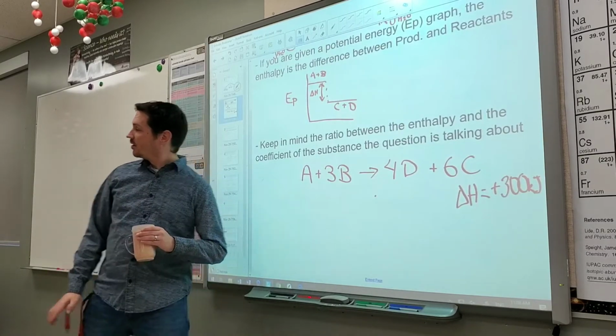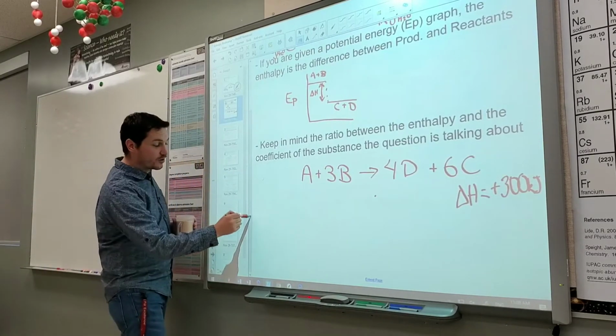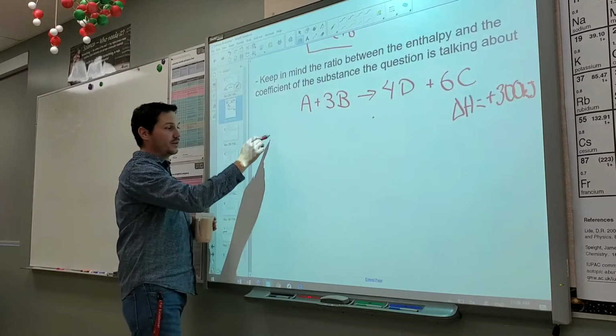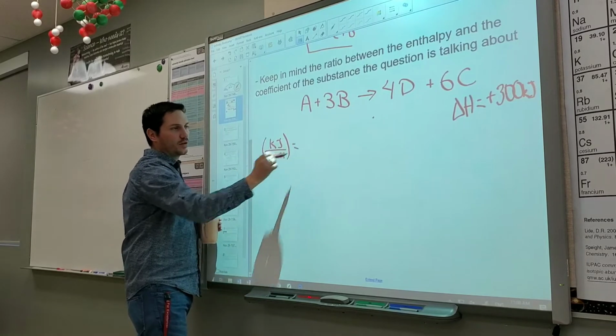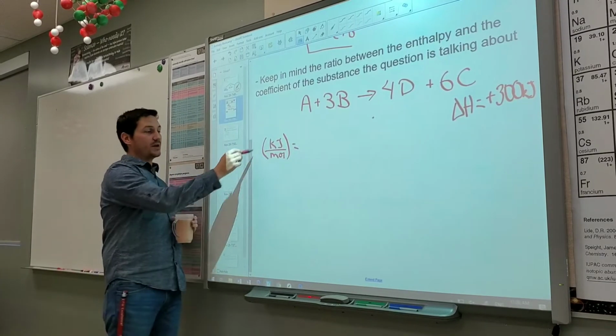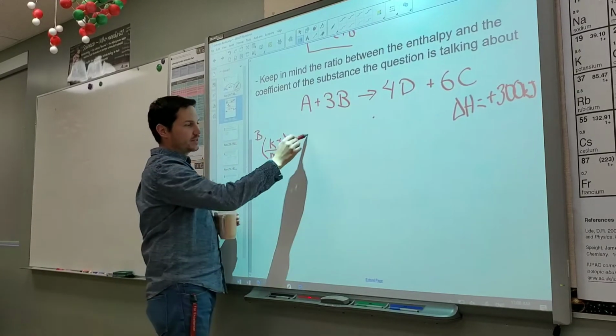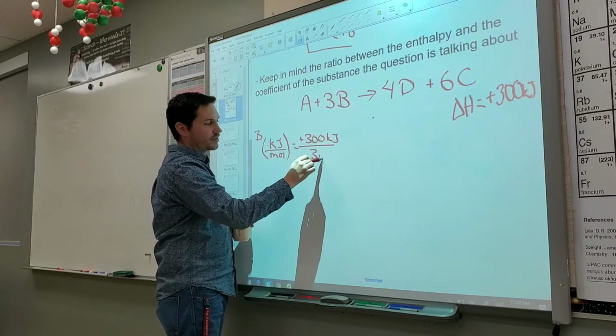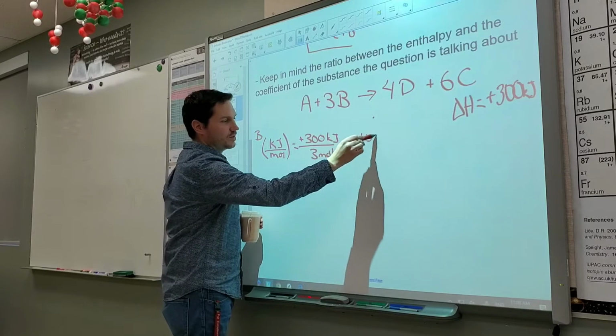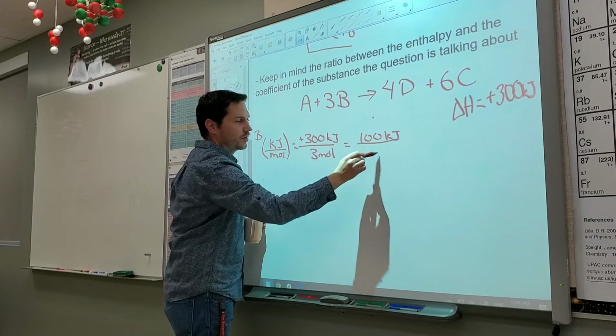If we're looking for a molar enthalpy, that's kilojoules per mole. And so from B's perspective, it's 300 divided by 3 moles. So it's going to be 100 kilojoules per 1 mole.